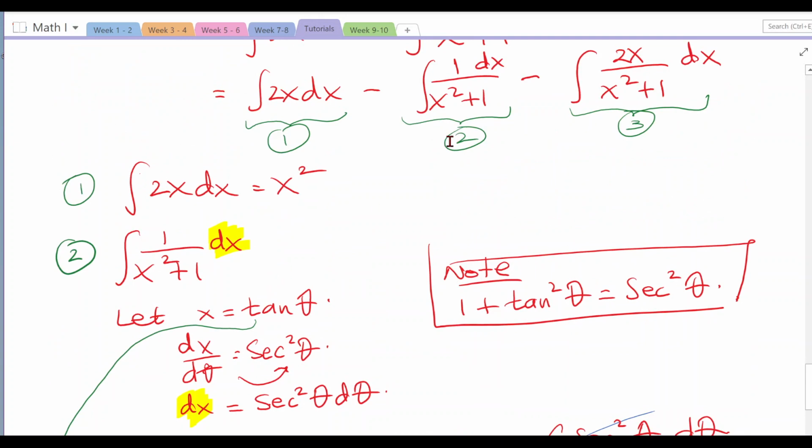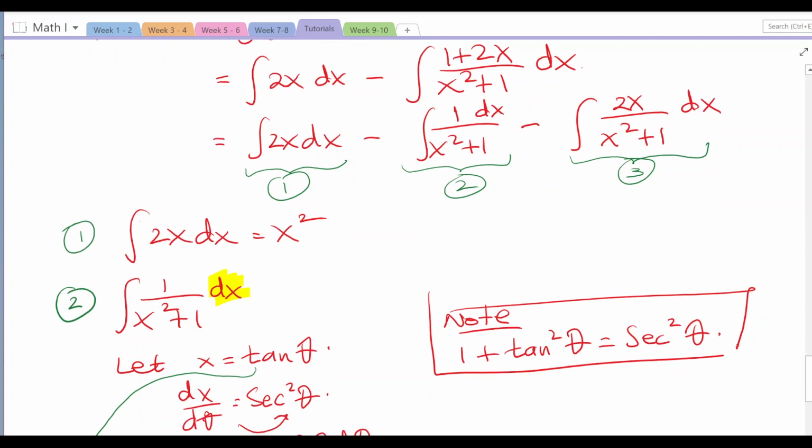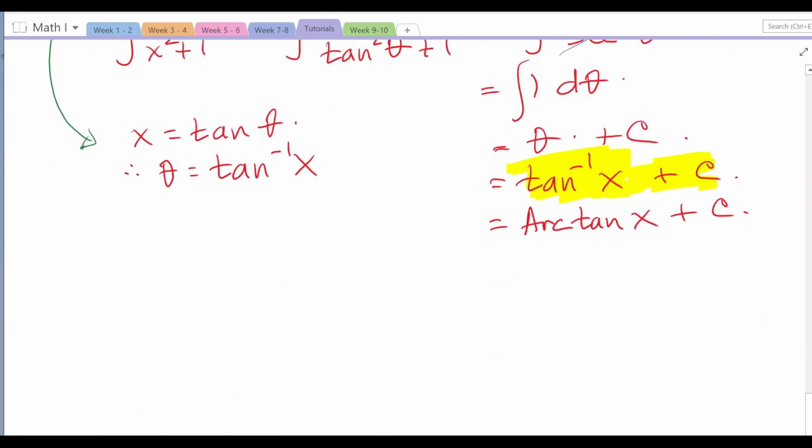Okay, next is problem number 3 here, the integral of 2x over x square plus 1 dx. So let me just write it down at the bottom here. Problem number 3 is the integral of 2x all over x square plus 1 dx.